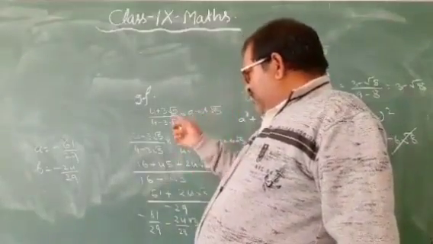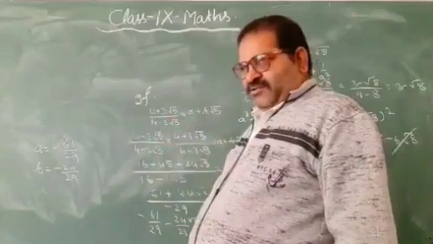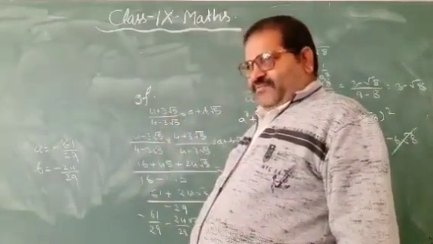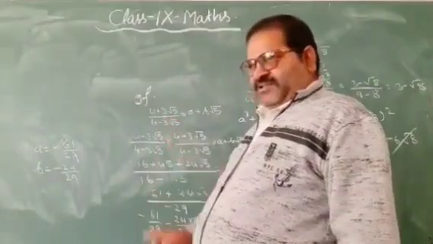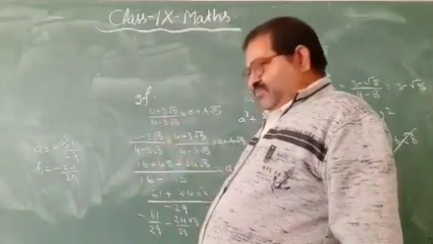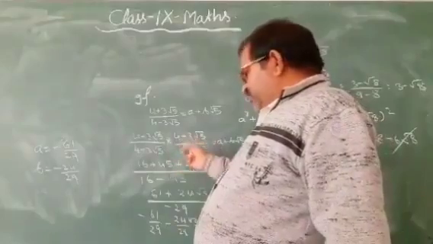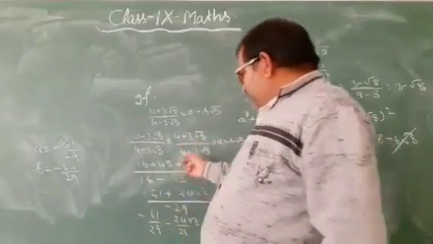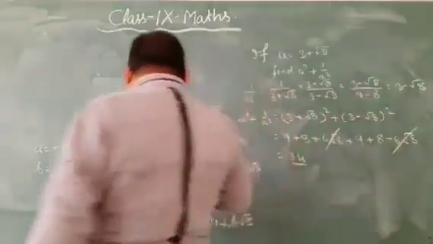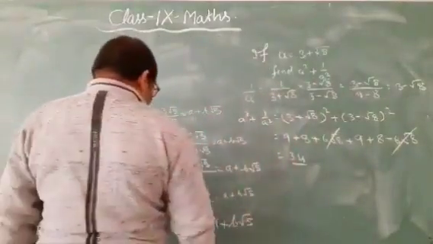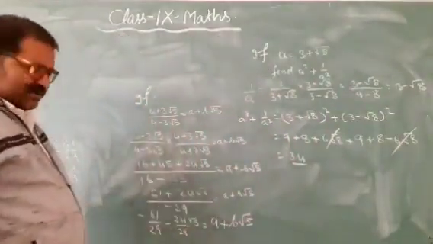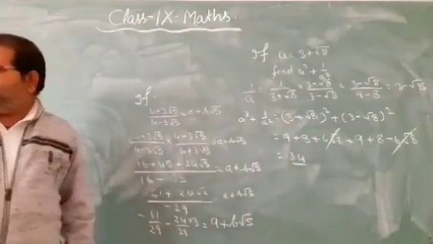So rationalize the denominator of the left side of the fraction. Now rationalize the denominator by multiplying with 4 plus 3 root 5 upon 4 plus 3 root 5.